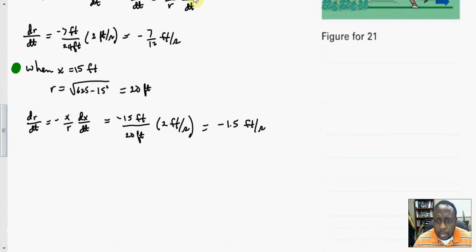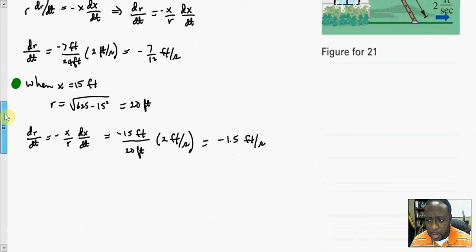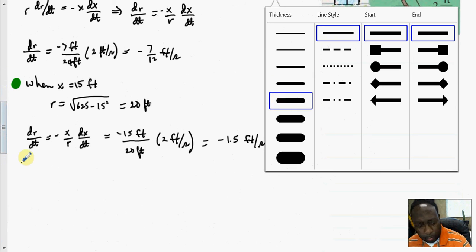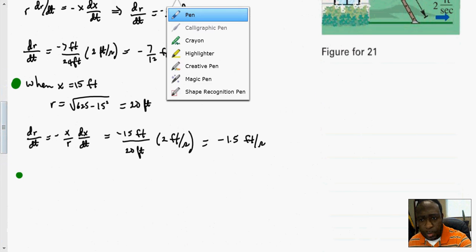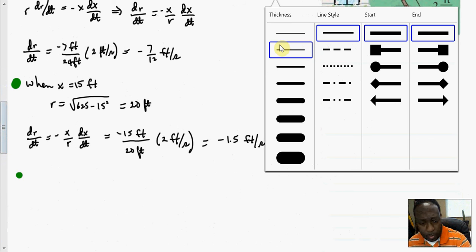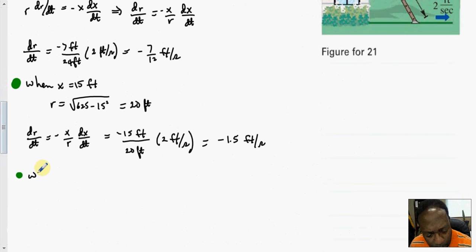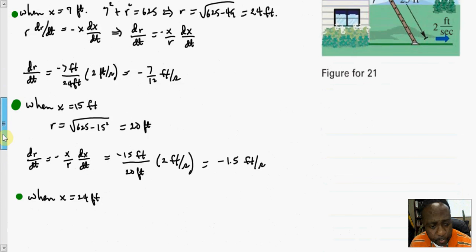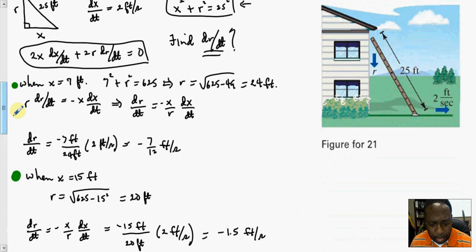The next one, and so here for the next one, it says when x is equal to 24 feet, and that's kind of funny because we got r to equal 24 feet when x was 7 feet.